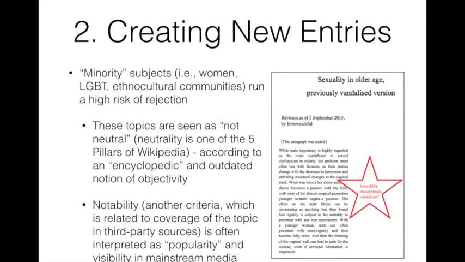In our research, it was when what we could call minority subjects, like women, LGBT, or cultural communities, were the main topic of an article that they got deleted, or that people tried to have them deleted or erased. It didn't work every time, but there was always at least some debate about this.